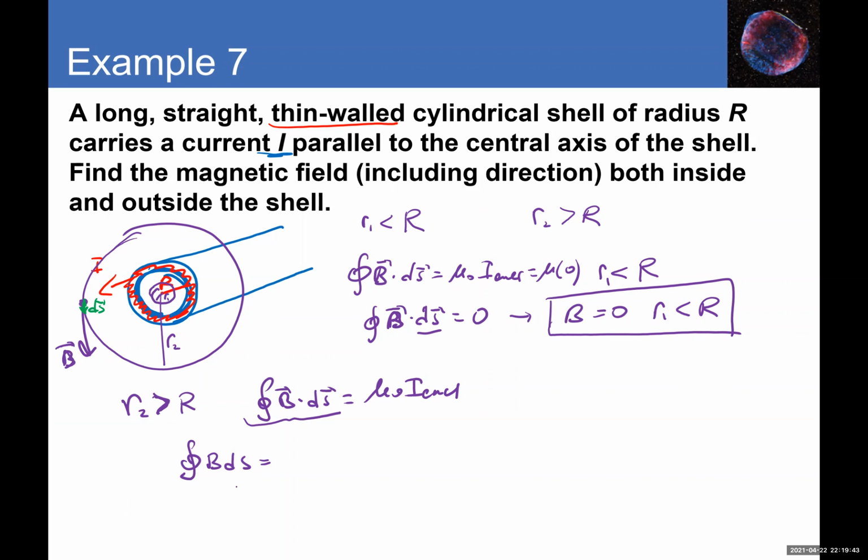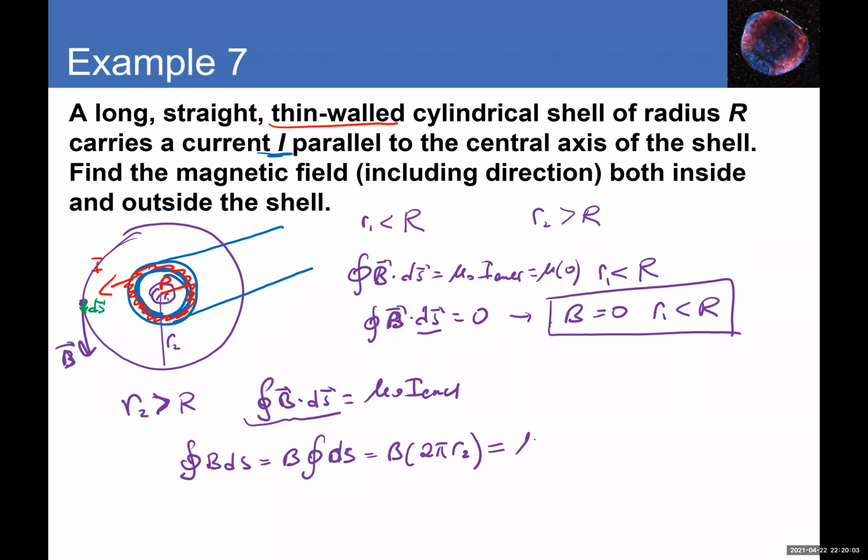The magnetic field, due to symmetry, can be assumed to be the same everywhere on this circle. So it becomes B times the closed integral of ds, which is just the path integral over the entire path. So it becomes B times 2 pi R2.